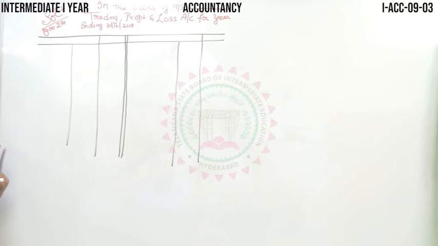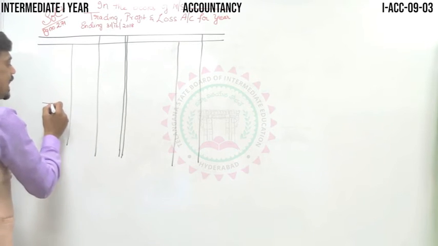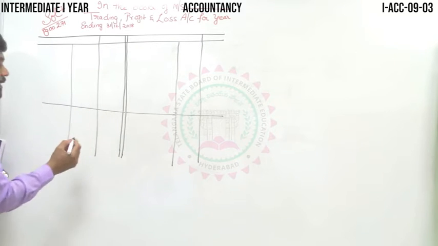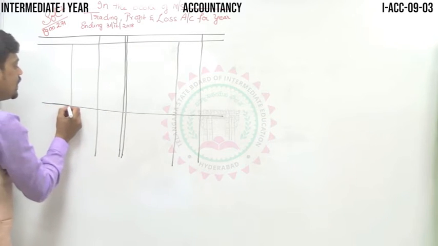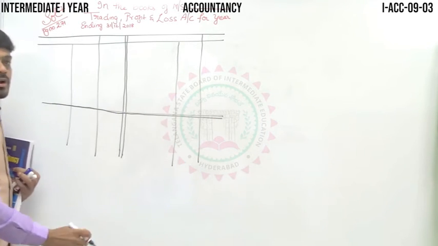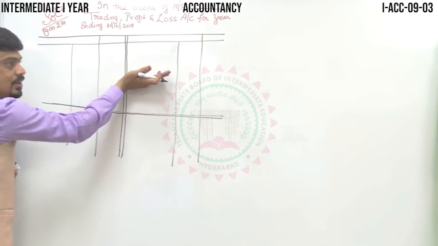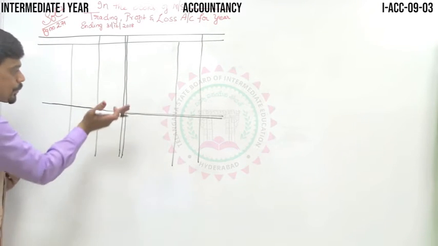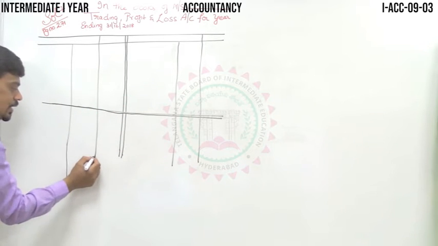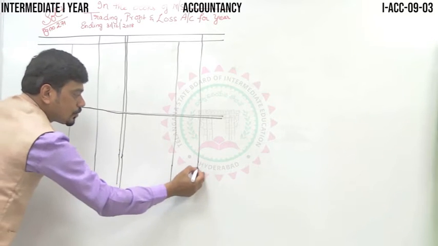Once this drafting is done, you keep about 10 lines for your trading account and draw one line in the middle. Like this, a thick line you draw. And this helps you to segregate your account. The account which is above the line represents the trading account, and the account which is below the line represents your profit and loss account.